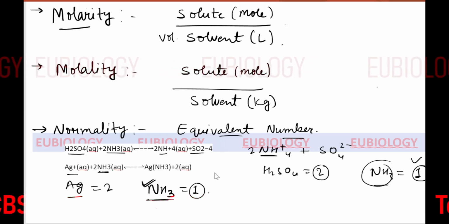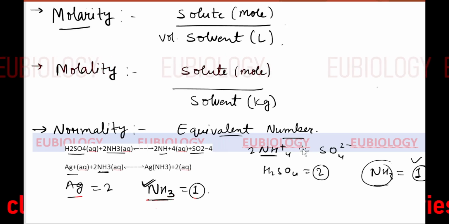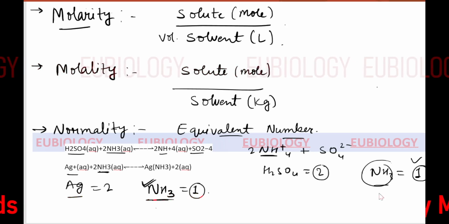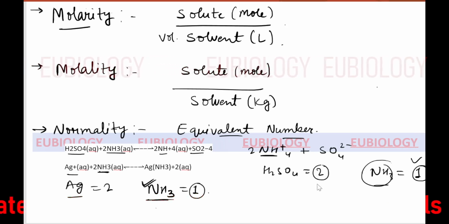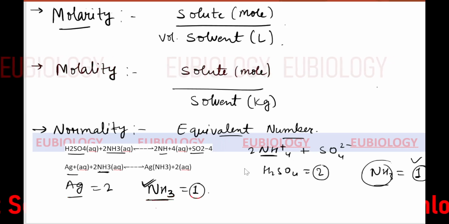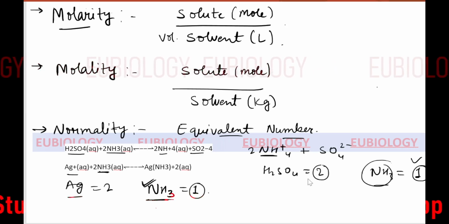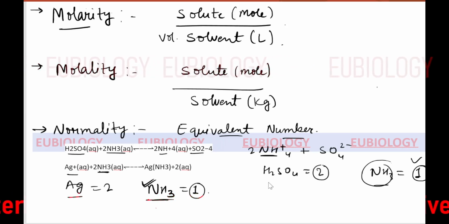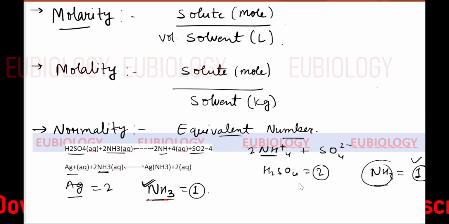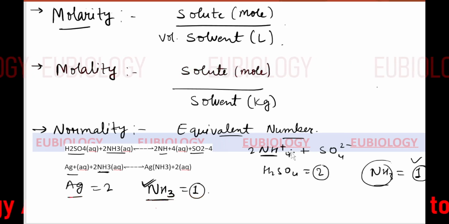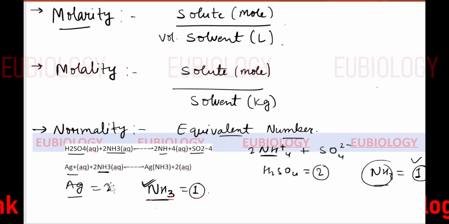The equivalent number of this NH3 is 1, because each is involved with the H2SO4. So what is the H2SO4 equivalent number? It is 2, because 1 H2SO4 is involved with 2 NH3.